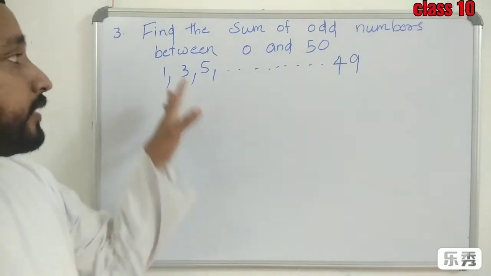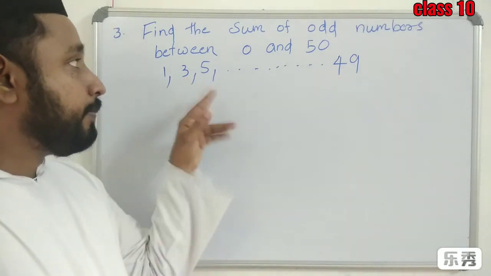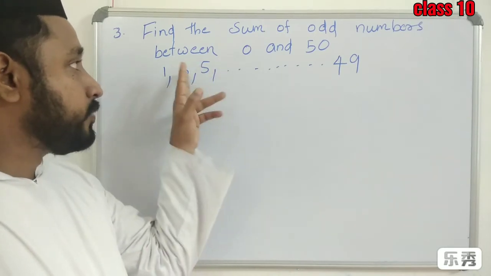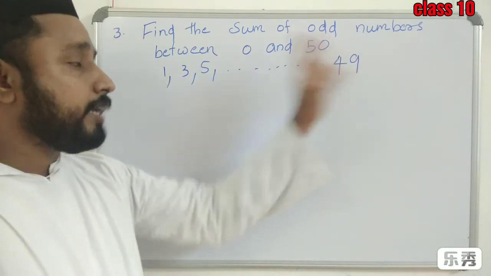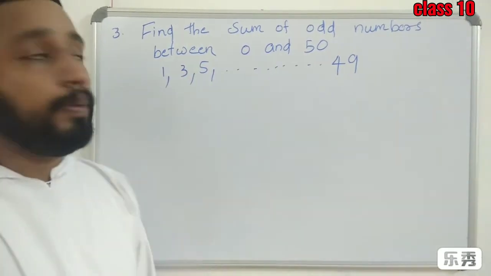We have to find the sum of this AP: 1, 3, 5, up to 49. This is an AP because 2 is being added: 1 plus 2 is 3, 3 plus 2 is 5, and so on.